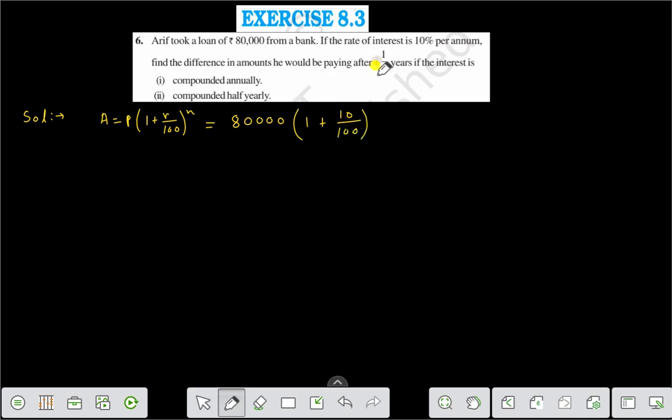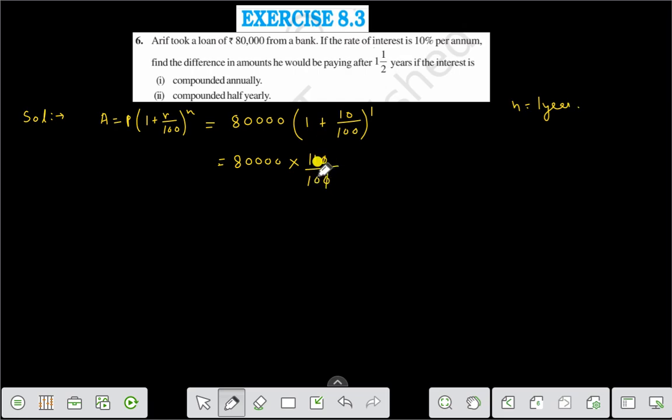And n we first find for n equal to 1 year, that is n equal to 1. Then we are getting 80,000 into 110 by 100.